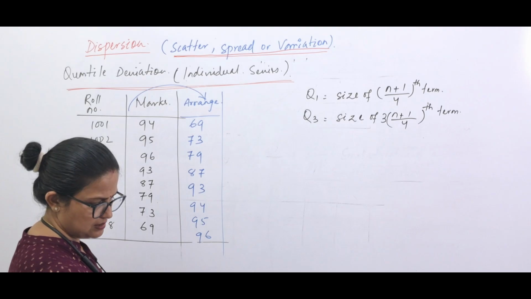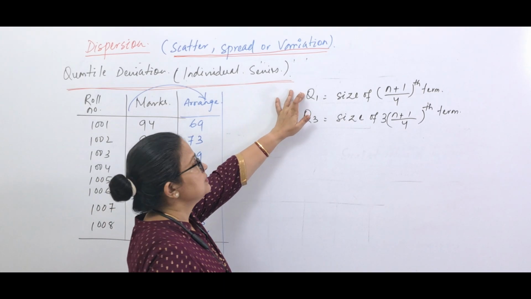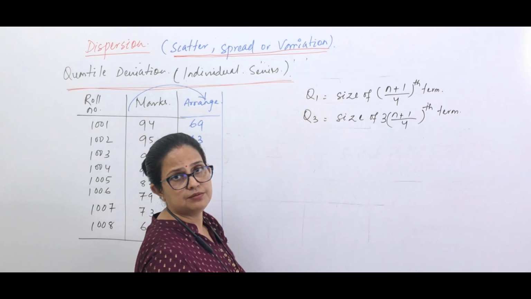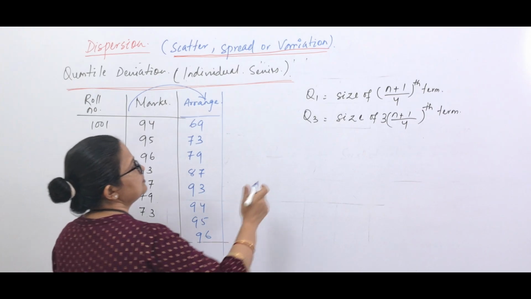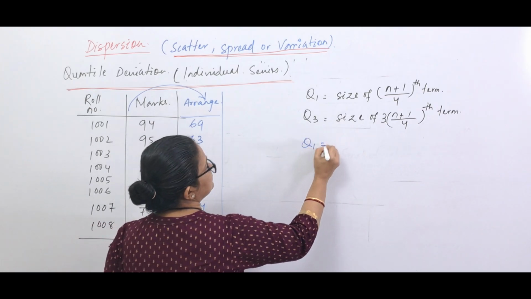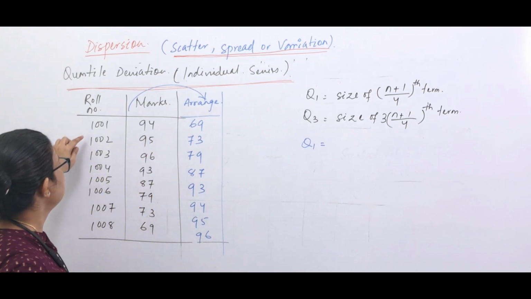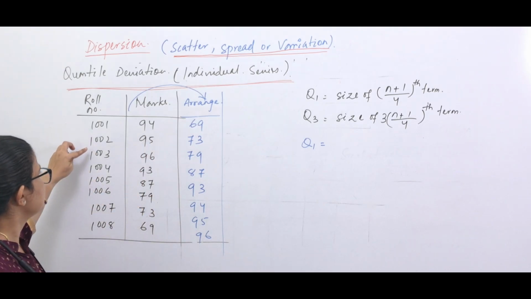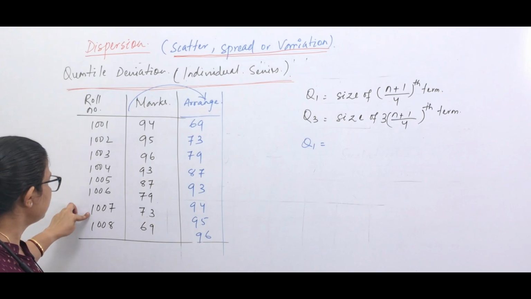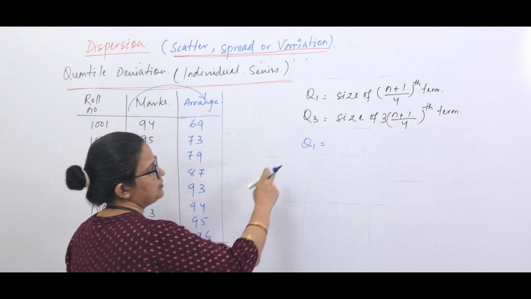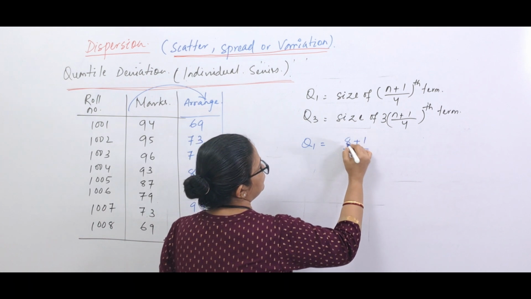This is the series. To find Q1, let us find the size of the (n plus 1) by 4 th term. So Q1 equals the size of (n plus 1) by 4. What is the number of terms? N is 1, 2, 3, 4, 5, 6, 7, 8. So Q1 equals (8 plus 1) by 4.